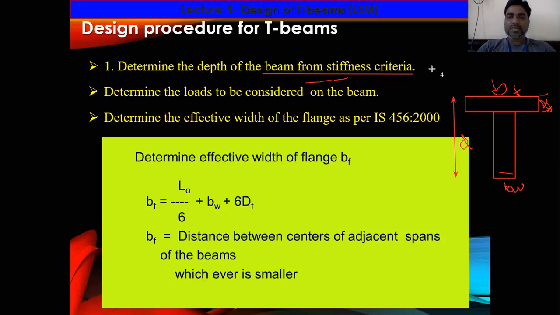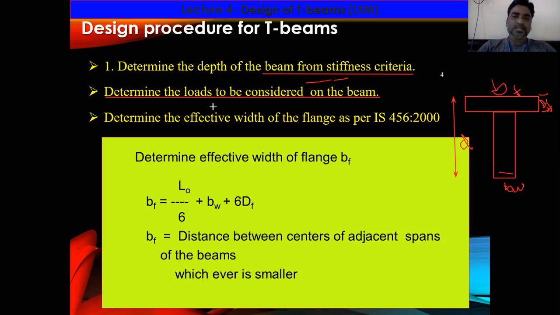After determining the overall depth of the beam, determine the loads to be considered in the design of the T-beam. That means dead loads. Dead load is mainly due to the self-weight of the beam, and live loads. If any floor finishes are there, you can consider the floor loads also, right?